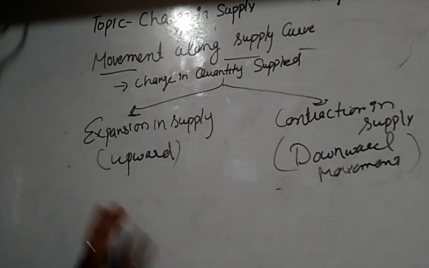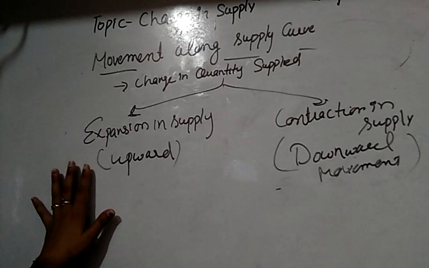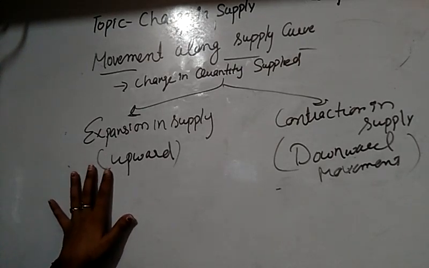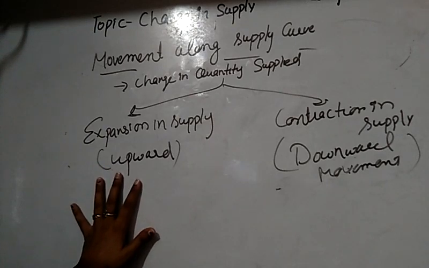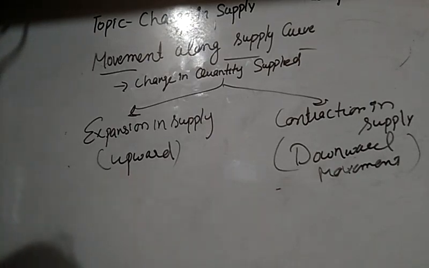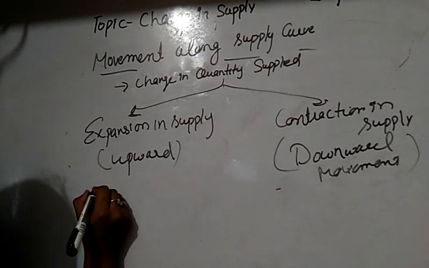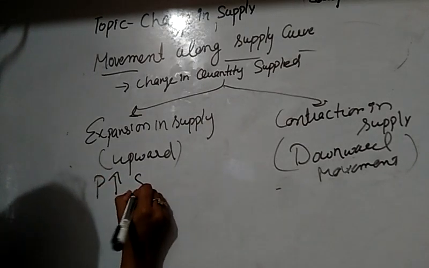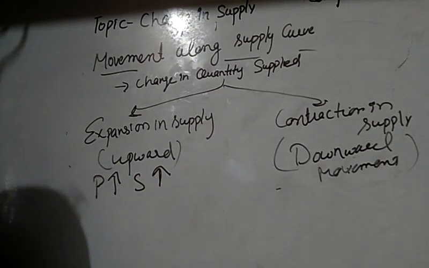When there is upward movement along supply curve, the quantity supplied rises due to increase in the price. When price increases, supply of the product also increases.